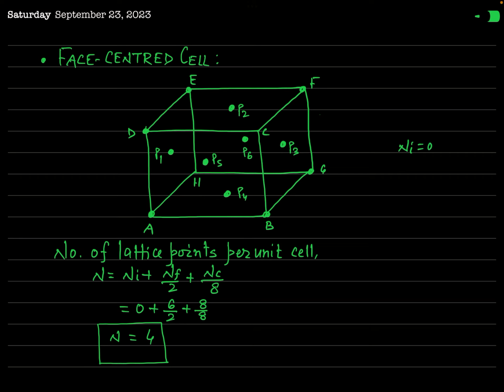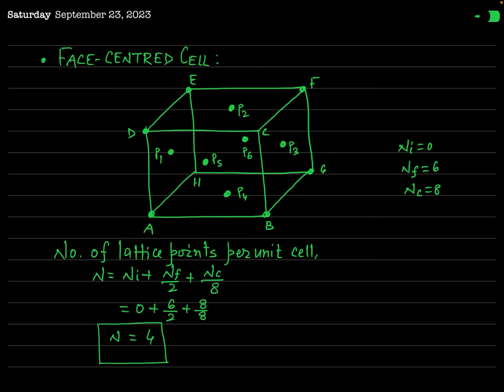But there are 6 faces, and at the center of each face there is a lattice point. So the number of lattice points at the center of the faces is equal to 6. And at each of the 8 corners there is a lattice point, so Nc is again 8.